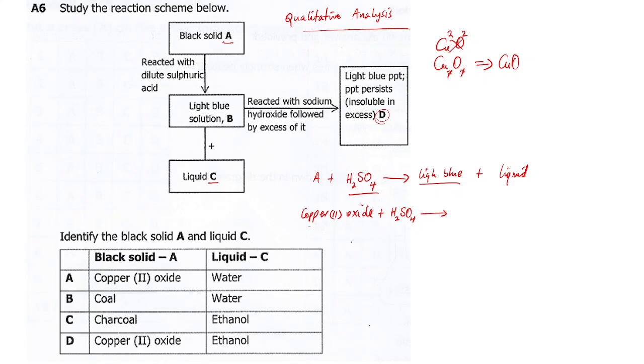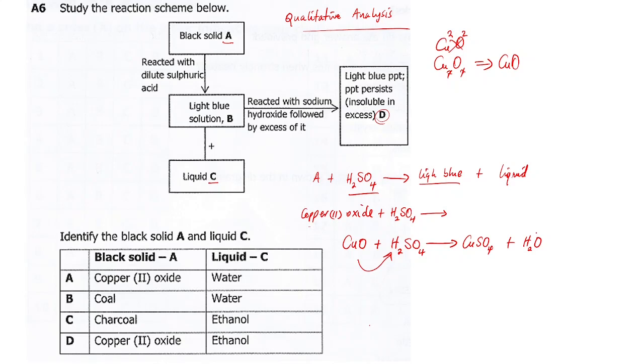Now we put copper oxide plus H2SO4 equals. A metal will come and remove oxygen, they swap, and it removes hydrogen, so it will be copper 2 sulfate, plus the hydrogen and oxygen combining to form H2O.